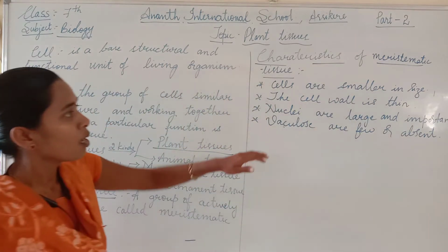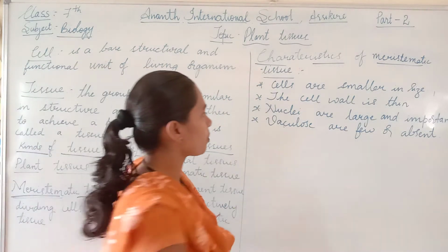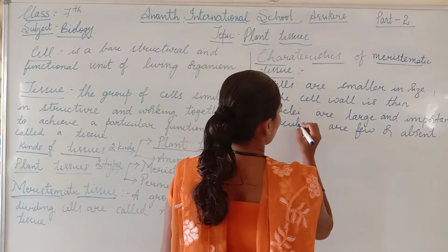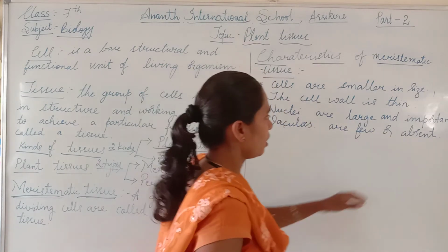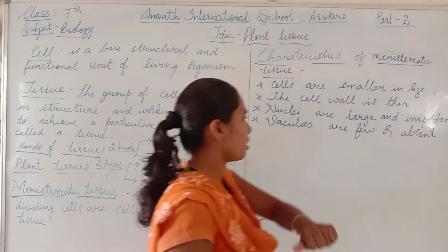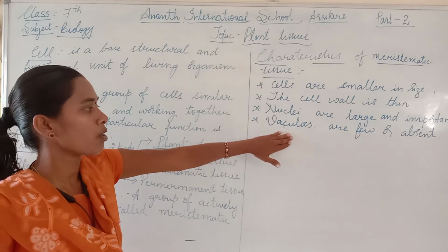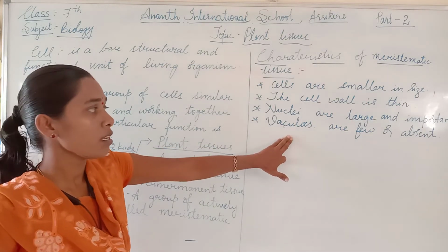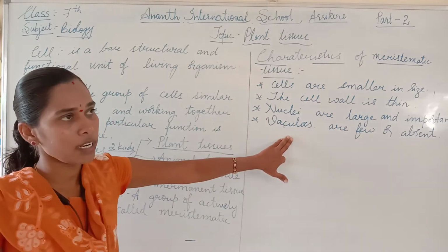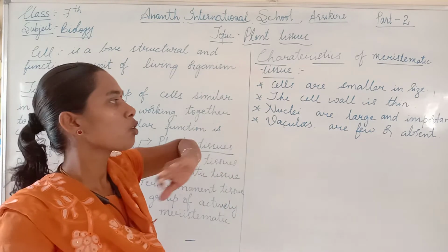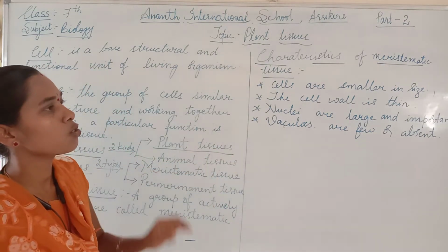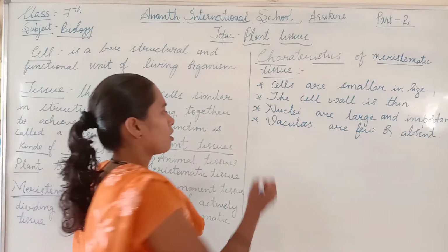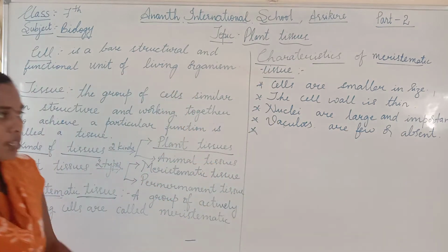In some of the plants, vacuoles may be present, and in others they may be absent. The main work of vacuoles is storing of food. But in the meristematic tissue there is no need of food, only growth takes place. The main function is to produce new cells, and the division of cells takes place and growth will occur.